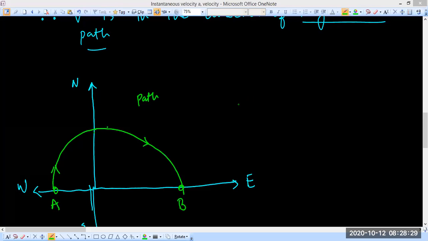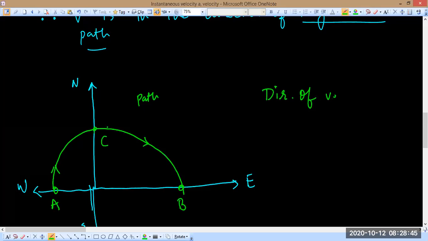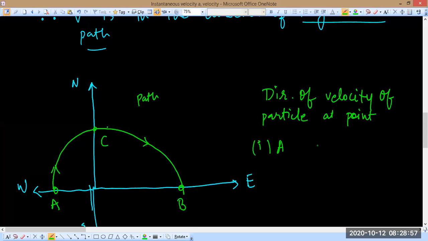So if it is like this, then I'm just going to ask you a very simple question. Can you tell me what is the direction of velocity of particle at point number 1 A, number 2 B, and number 3 C?